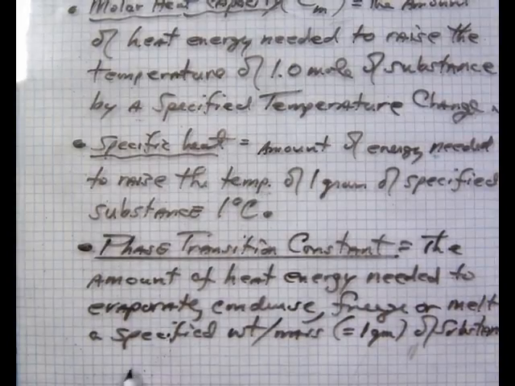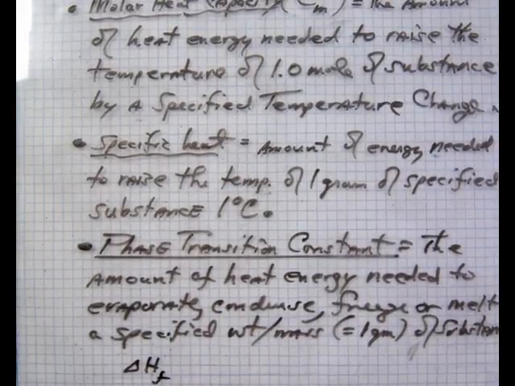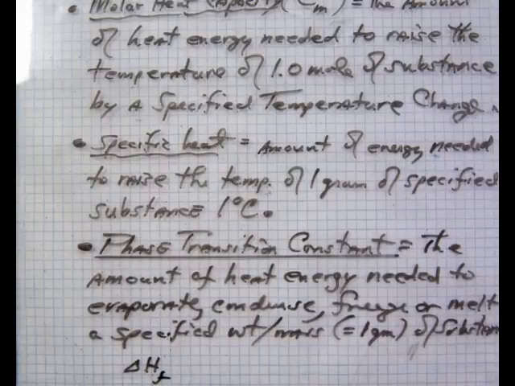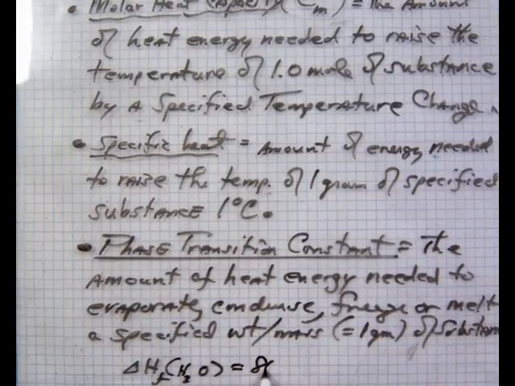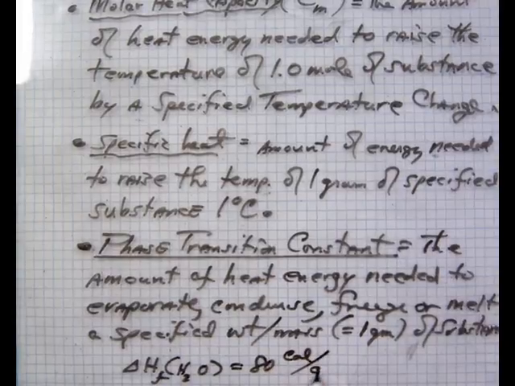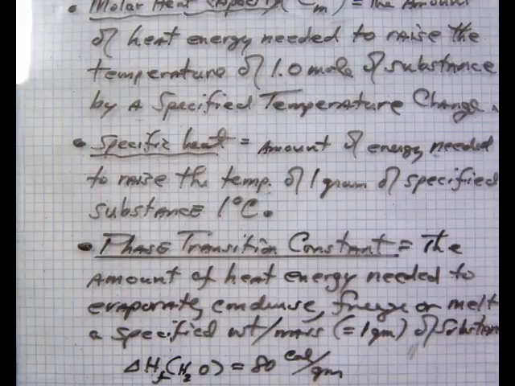Example would be the delta H of fusion, freezing or melting of water, is equal to 80 calories per gram mass of water. So if I had 10 grams of water, I'd have to expend 800 calories to melt it, all 10 grams.